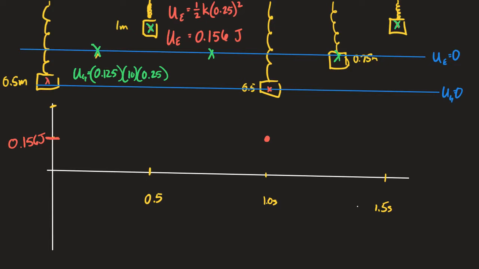Right? The height is 0.25 from the lowest level it was at. So how much energy is this? I've got to let you do it. If I do it, we're going to be in trouble.